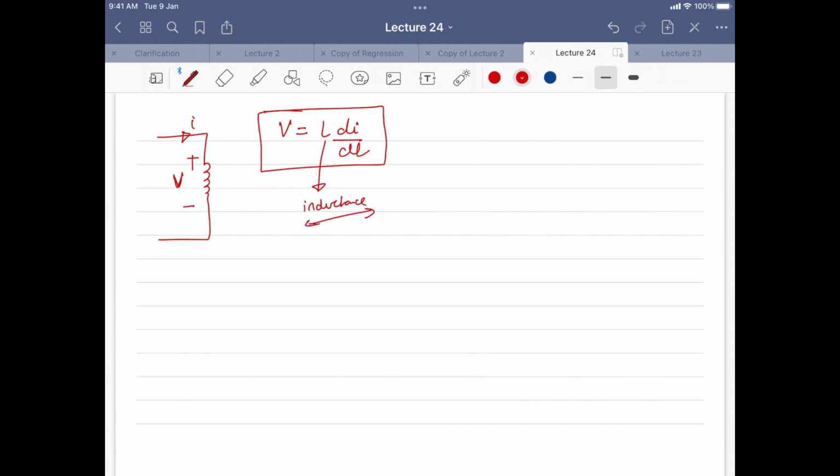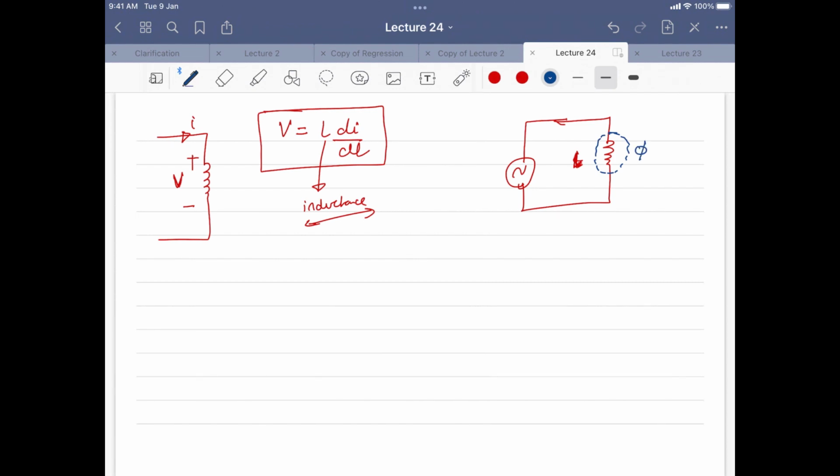And if you look closely into the physics of this part, what is this exactly? It is basically the variation of the flux linkage going across this inductance. If you apply an alternating voltage source to the inductance, you will have some fluctuation in the magnetic field, and that will create a flux around this inductance, which we denote by phi.